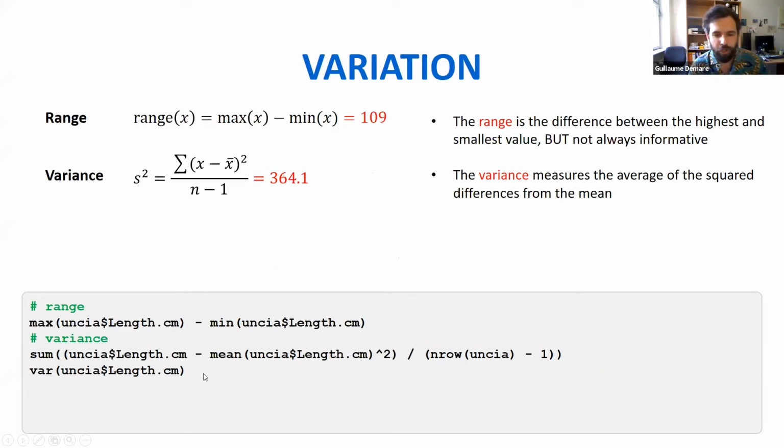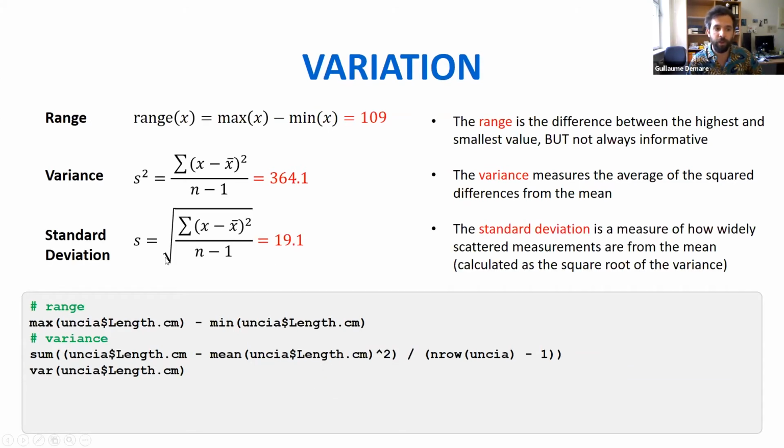You can appreciate that the variance can get massive, right? If a lot of values are quite far from the mean, the variance can become really, really big. A lot of the time we don't use the variance, we use something we call the standard deviation. It's simply the square root of the variance, and we just refer to this as S. So variance is basically the standard deviation squared.